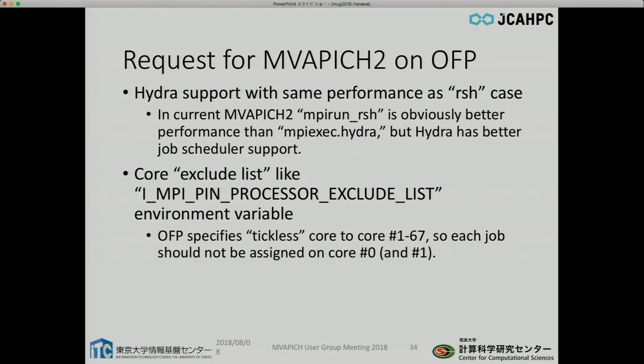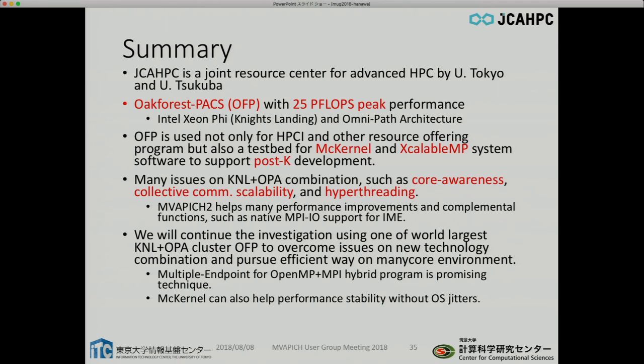In Intel MPI, we can use this kind of environment variable, so we would like a very similar one in Ember pitch 2. Okay, so this is a summary, but time is up. Thank you very much for your kind attention.